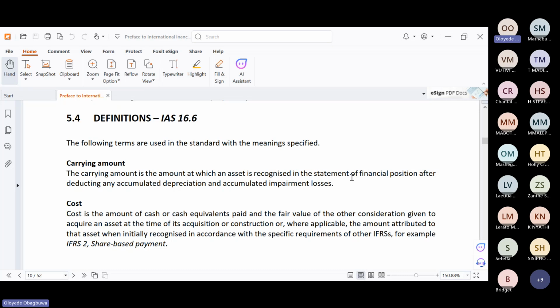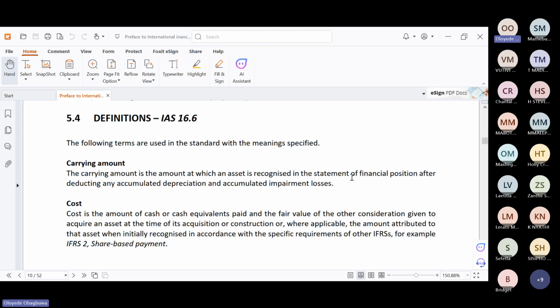So when you know the useful life, you divide the amount of that particular asset by the useful life. Which means every year, some part of the value of the asset will have been eroded, which we call depreciation.